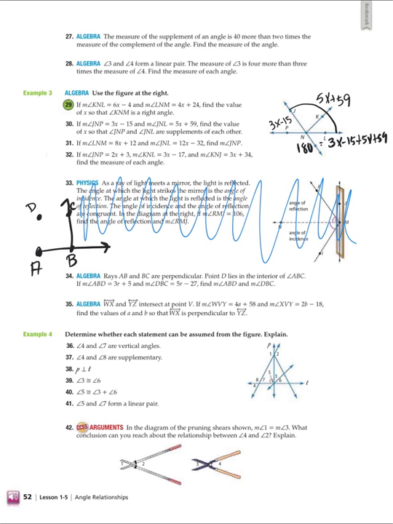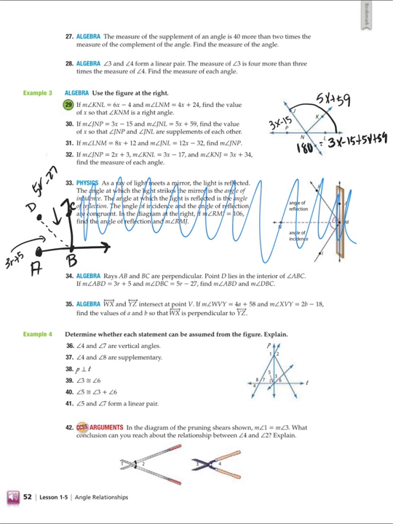The measure of ABD, that angle right in there, is 3r plus 5. And then DBC, this angle in here, is 5r minus 27. So we're supposed to find the measure of each of those two angles.